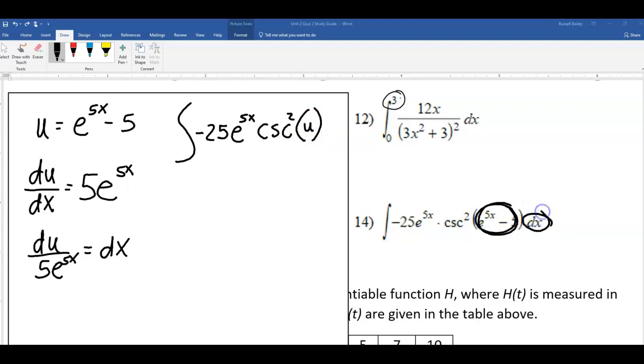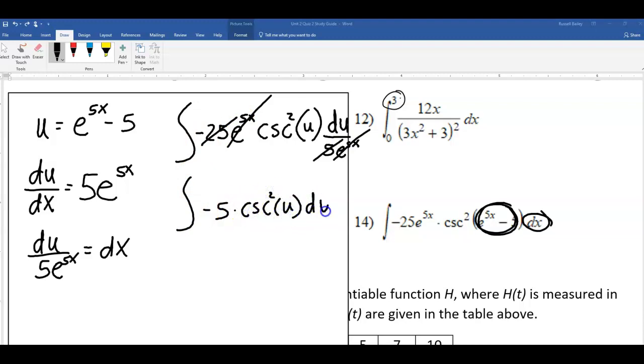I'm going to replace this with du over 5 e to the 5x. The e to the 5x's go away. The 5 goes into negative 25, leaving negative 5. Now this negative 5 here, we can go ahead and take that out of the integral. It doesn't need to be in there.